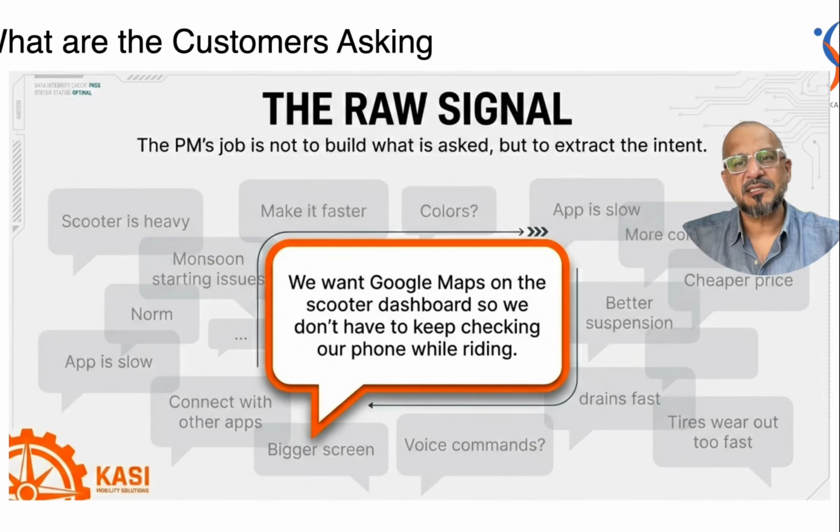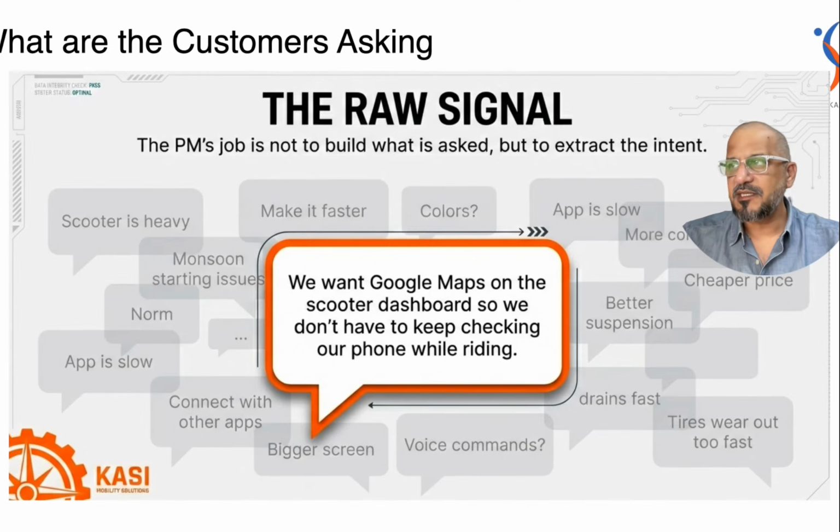And then there are asks coming from non customers or prospects or lost customers, that, hey, I did not buy your product because your tires wear out too fast. There is a complaint that your tires wear out too fast. I can't take that risk, I don't want to buy it.